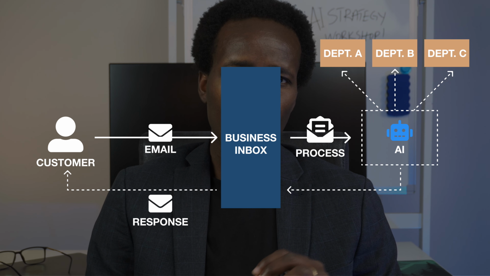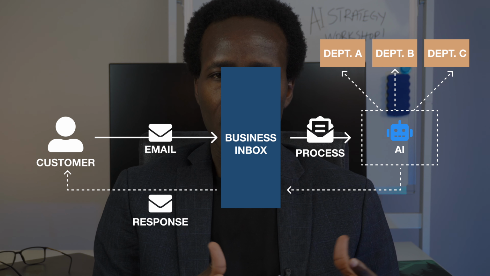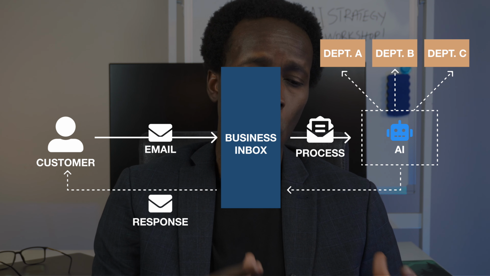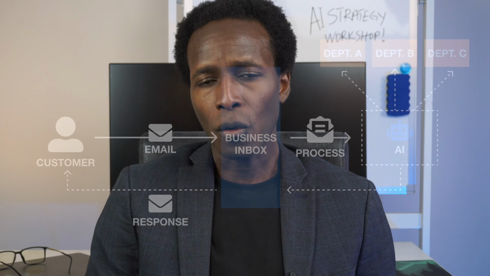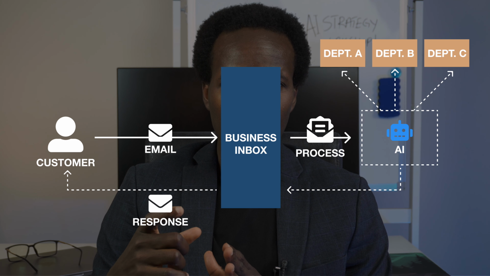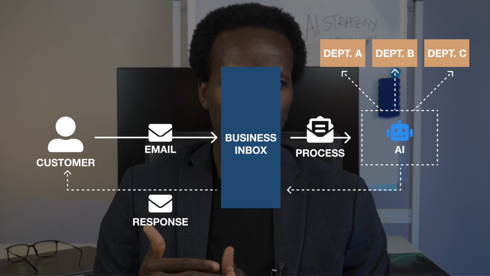AI can come in and ingest these emails and classify them and decide which person on your team or which department to route it to. Or in some cases, you could even have this AI interact with the customers via this email platform, as long as you identify what the goal is for the AI so it knows how to interact with your customers.